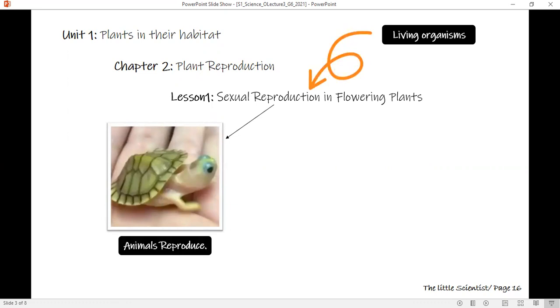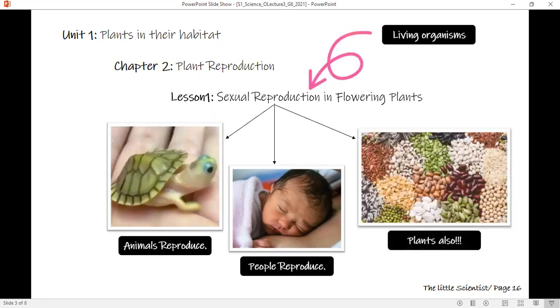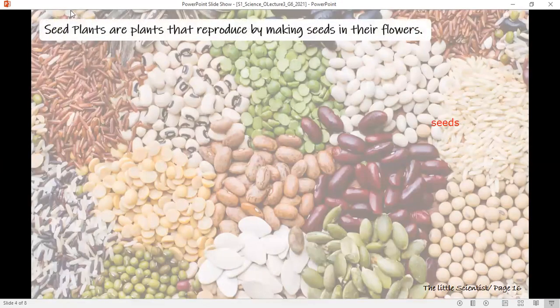They make more organisms of themselves, of the same species. People also reproduce, also do plants. Seeds are the baby plants. So again, plants also reproduce. They grow seeds. How do plants reproduce and how do they make their seeds? We will see in this lesson.